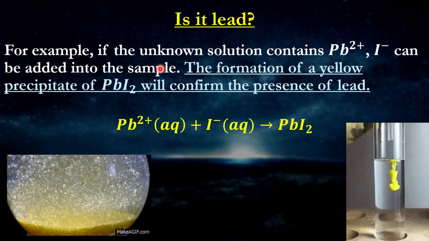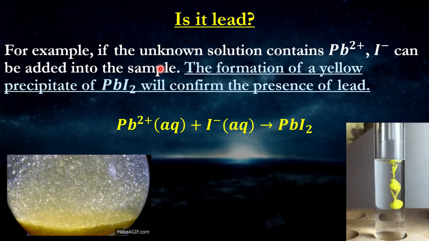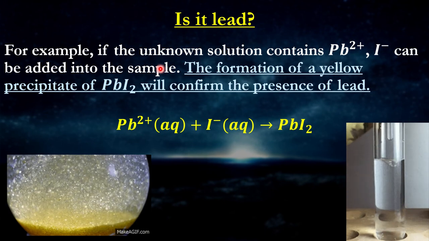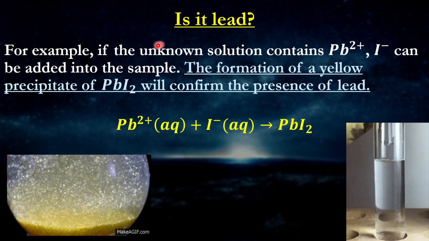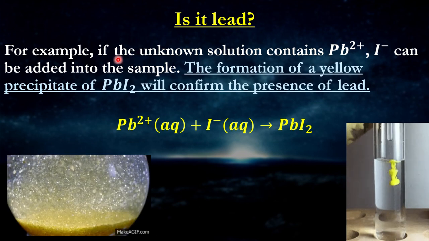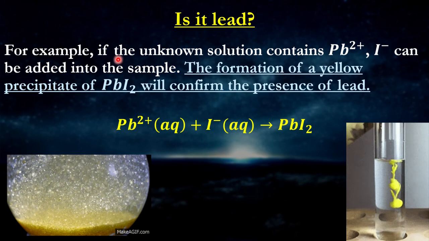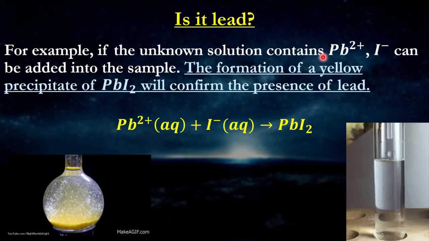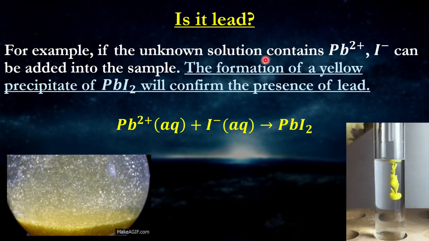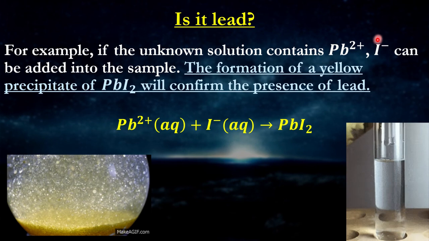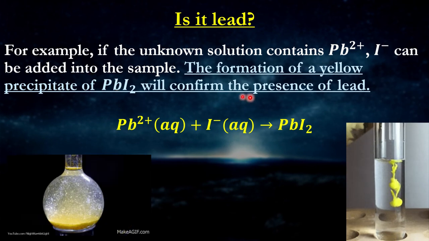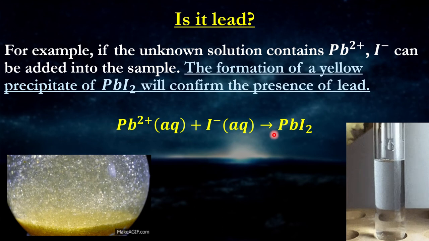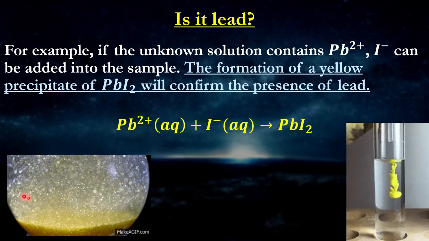So some examples of where we can identify different cations or anions. Let's use the case of lead. Let's say I think the unknown solution I have is lead. Well, I'll know if I have lead or not if I react it with iodide. When lead iodide forms, it forms a nice yellow solid.